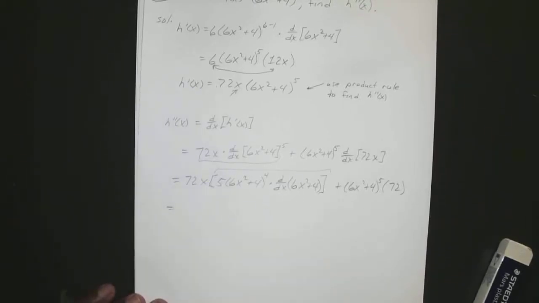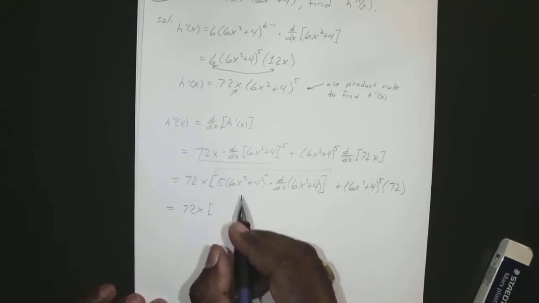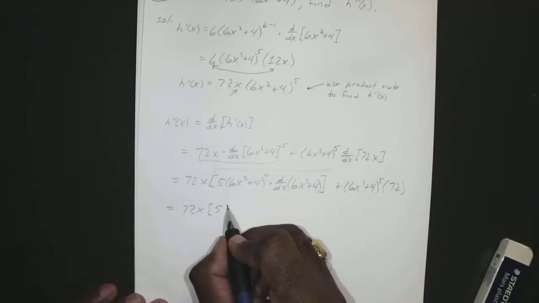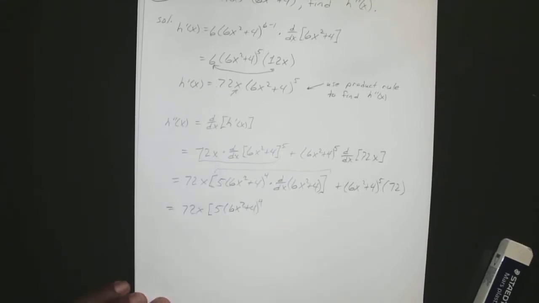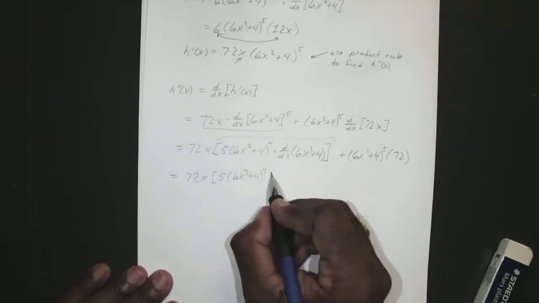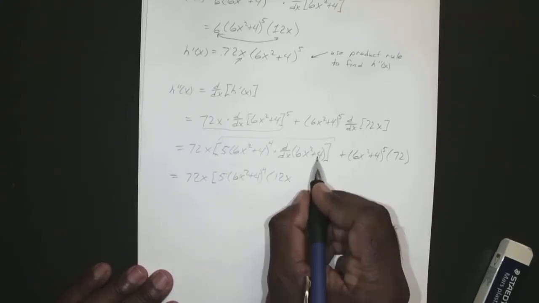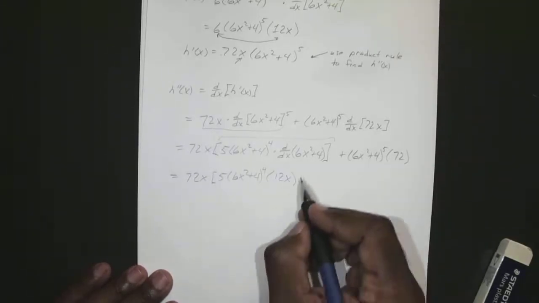Okay, so we go ahead and simplify this. We have 72x times 5 times (6x² + 4)^4 times the derivative of 6x². Bring that down, it becomes 12x. Derivative of 4 is just 0, so that stays.